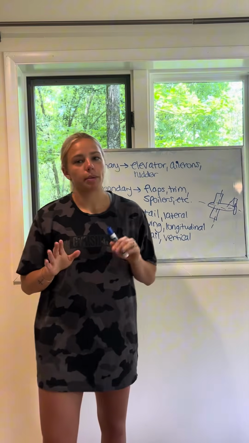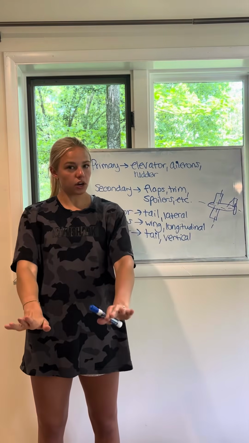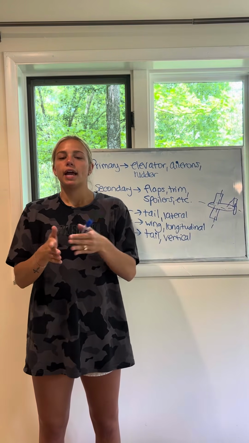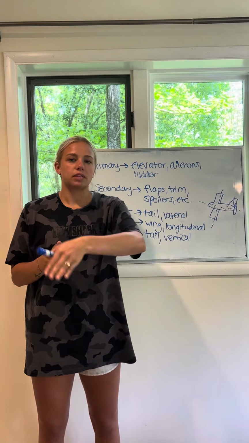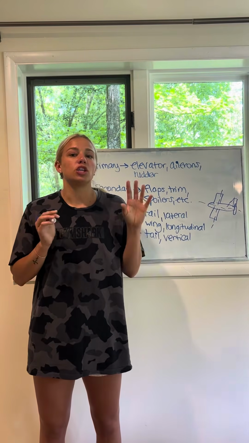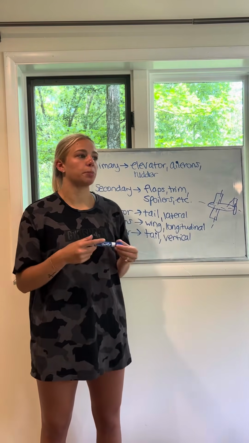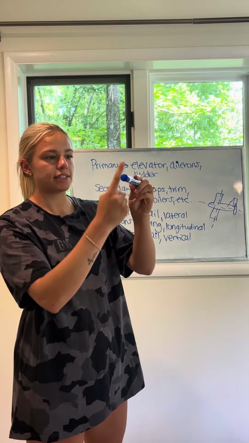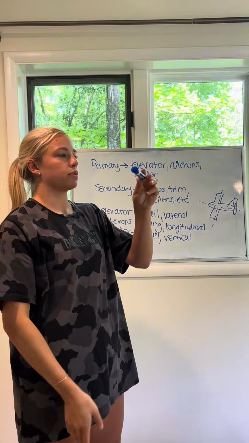When we use the rudder pedals on the floor, which is what our feet are on, if we push the right pedal, it's gonna make the nose of the plane go right. If you push the left pedal, it's gonna make the nose of the plane go left. What it's doing is yawing the plane. That's the correct term. And since it's moving us about the vertical axis, it's the axis that goes straight through the plane from the ground to the sky.